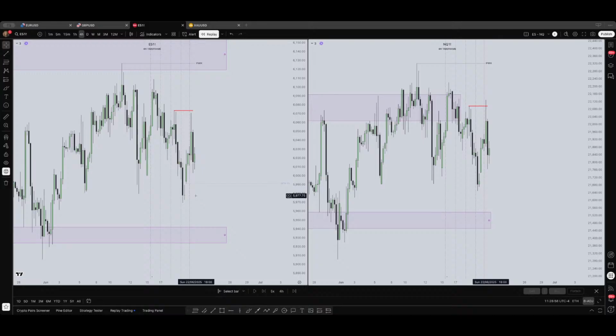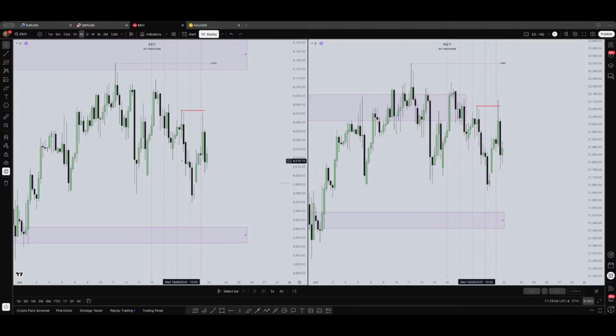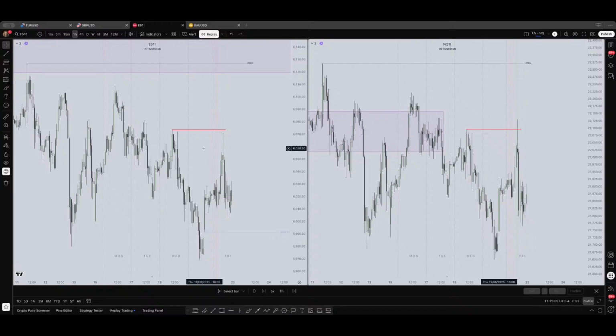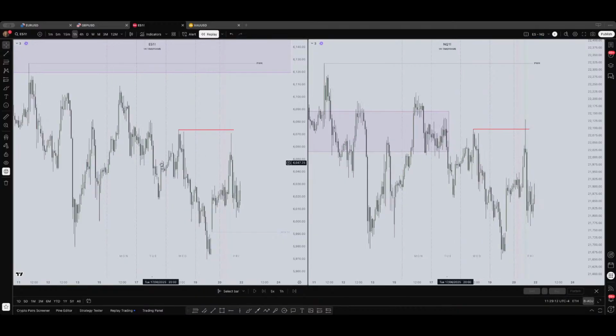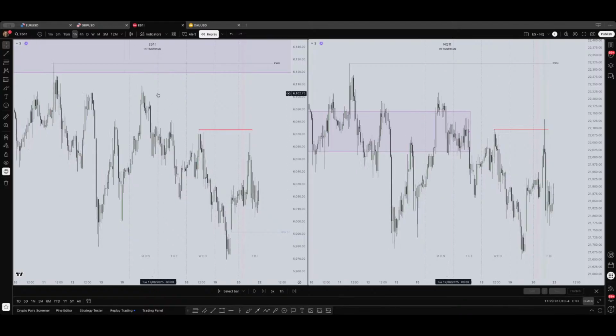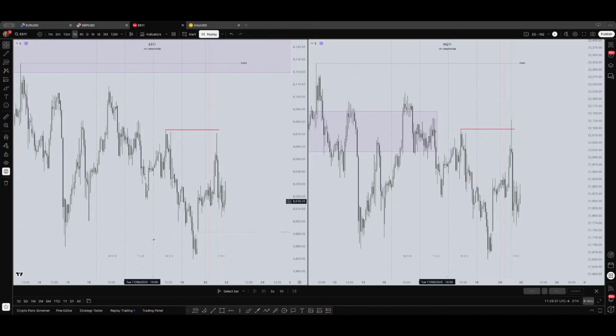So I'm checking for these kinds of liquidity areas, which one is stronger, or weaker, sorry. Let me check if there's another example. Yeah, I think this was the best example. I'm checking only last week.